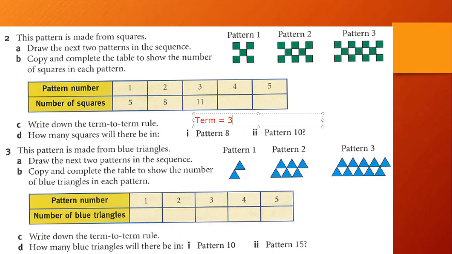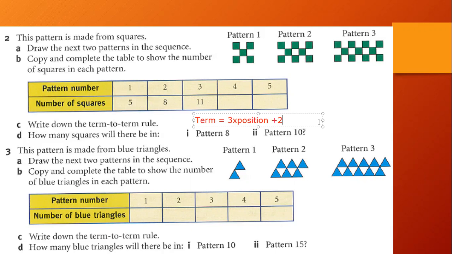So you multiply this 3 with the position. Position means these are the position numbers. So here I write 3, that is the term to term rule. Now the first position is 1, and here is 3. 3 multiplied by 1 is 3. So how many do we add to make this number of squares? That is 5, that is plus 2.